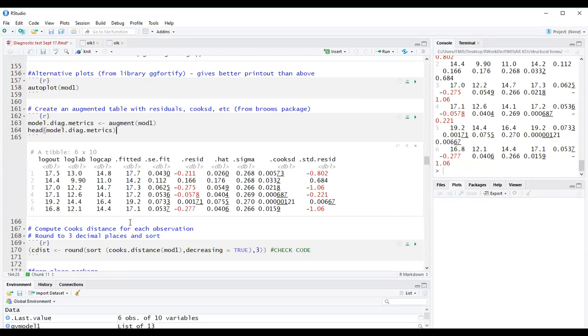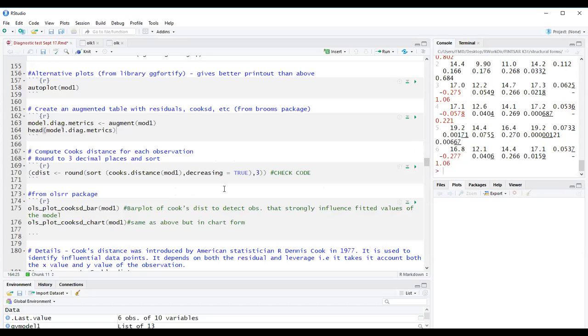Andito yung fitted value, yung standard error ng fit, yung residuals natin, yung .hat, .sigma. Andito si Cook's distance. Ito yung importante sa atin. May cut-off yan na ginagamit para masabi natin kung influential siya. Okay, so I just show you this para alam natin na if you want a table of the pertinent measures on the residuals, you can use this augment from the broom package.